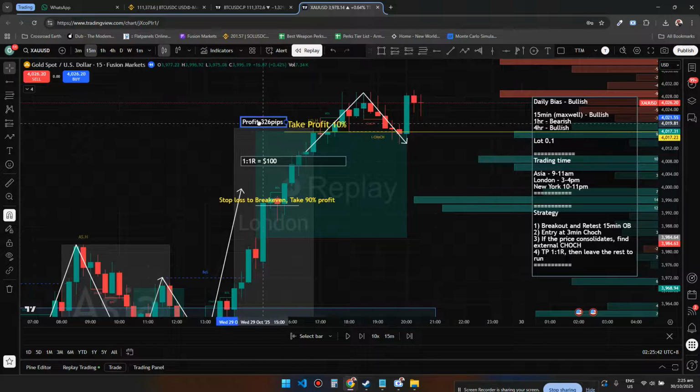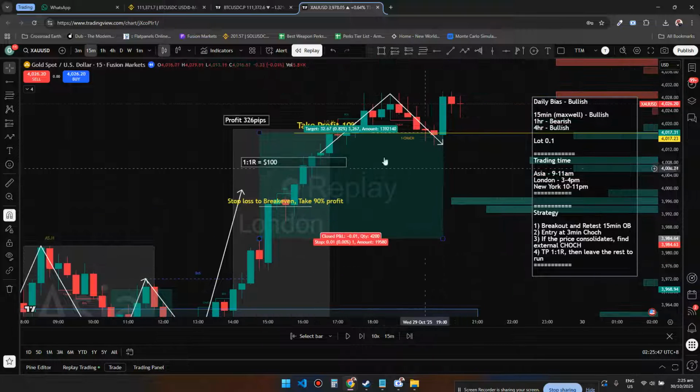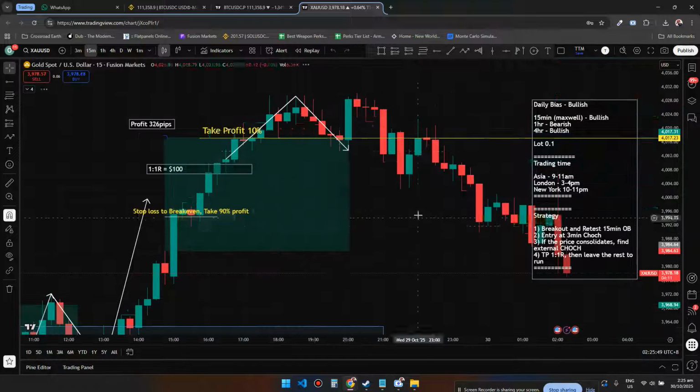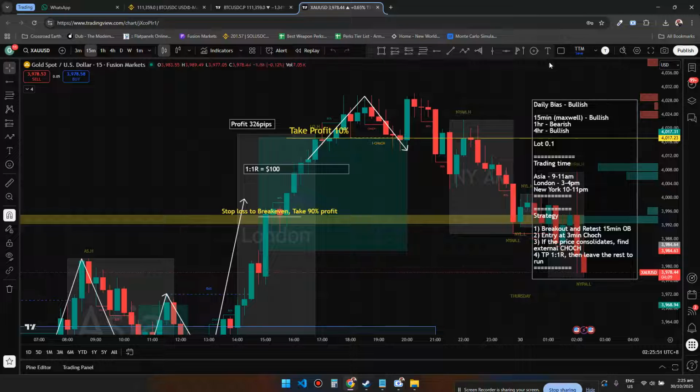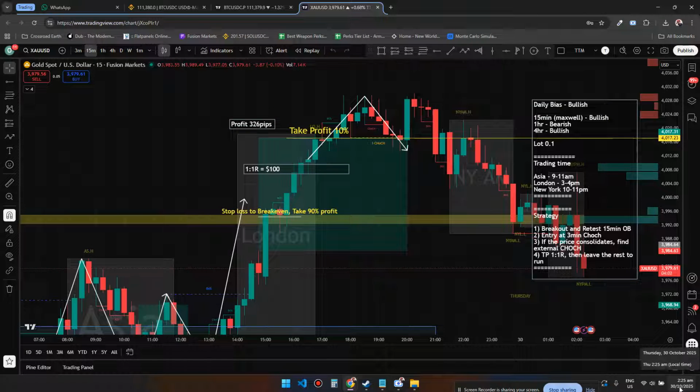Yeah, so I only made 2 trades today, and I think it's one of the best trades that I could take. So that's all for 29 October.